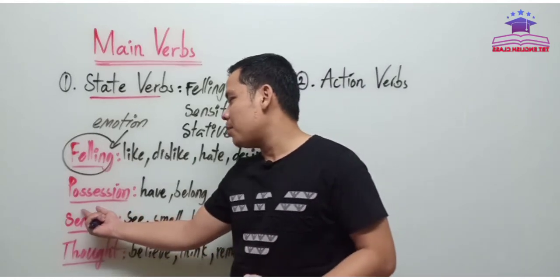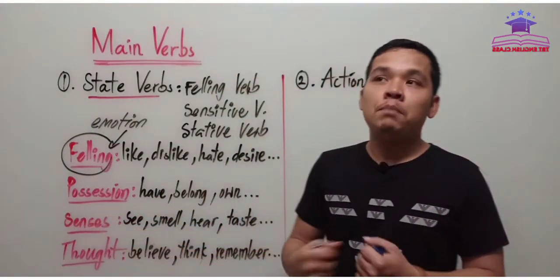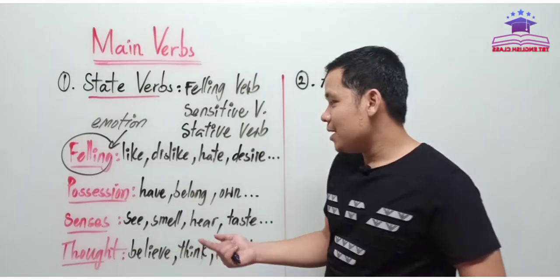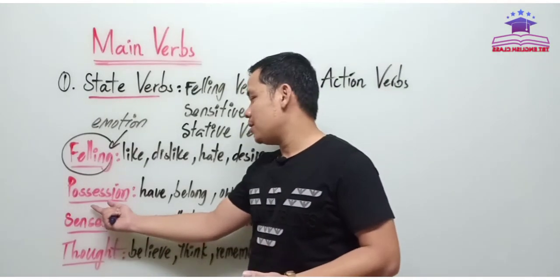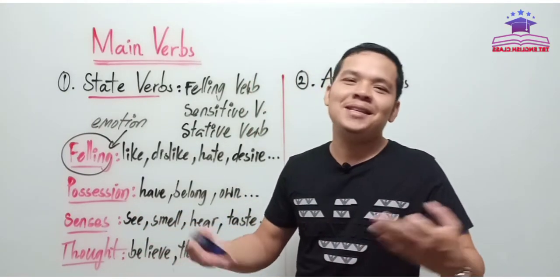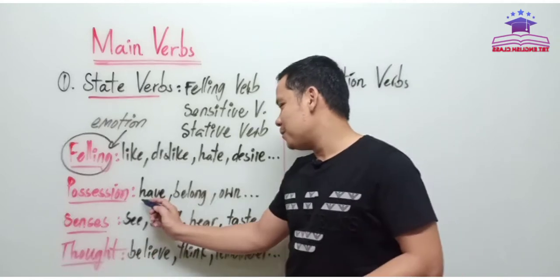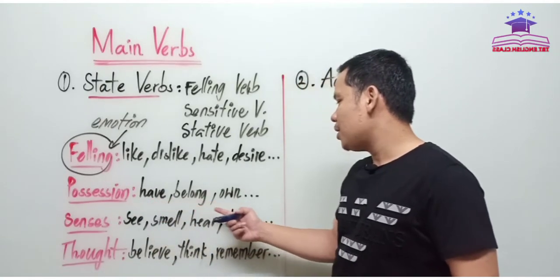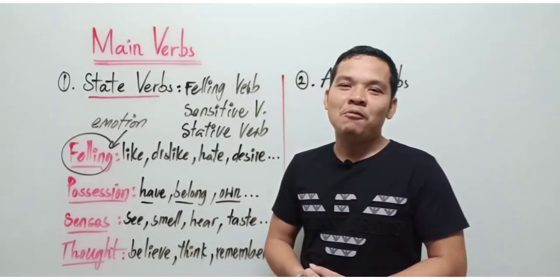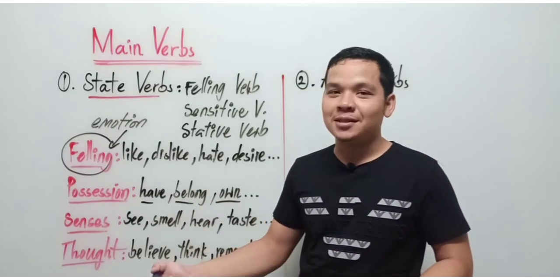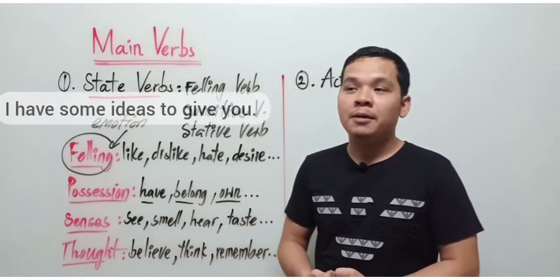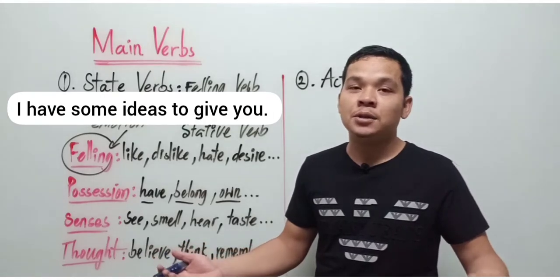Another one, talk about position. When we talk about position, does it show the action in a sentence or not, everyone? Of course, it does not. Position just tells us about condition or situation. Like you see the verbs have, belong, own. These are state verbs related to position, like I have a book and I have some ideas to give you.